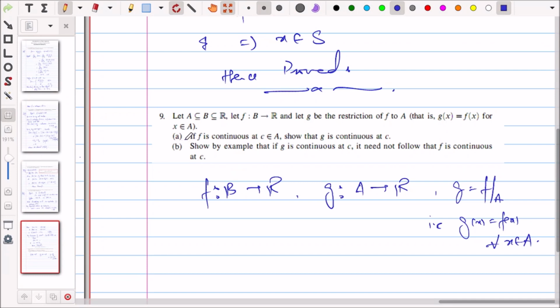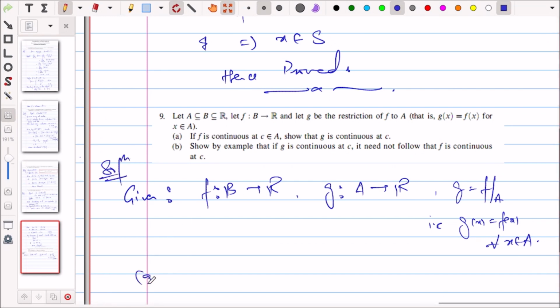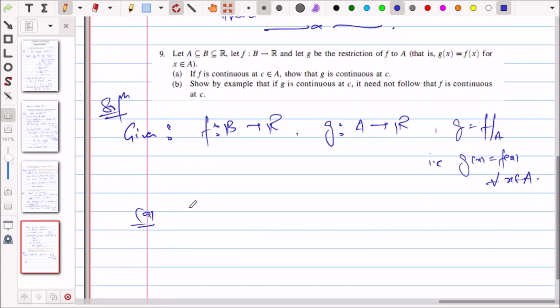In the first part we are given that F is continuous at c belonging to A, and we have to show G is continuous at c. So this is very easy.